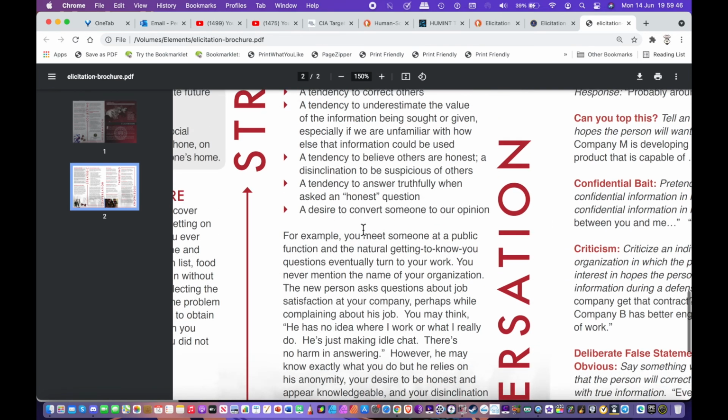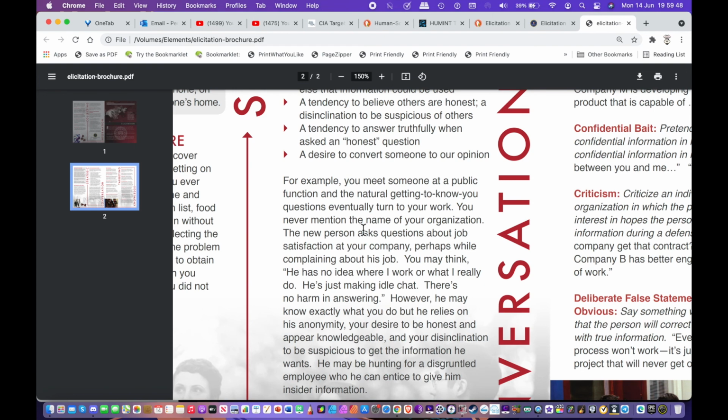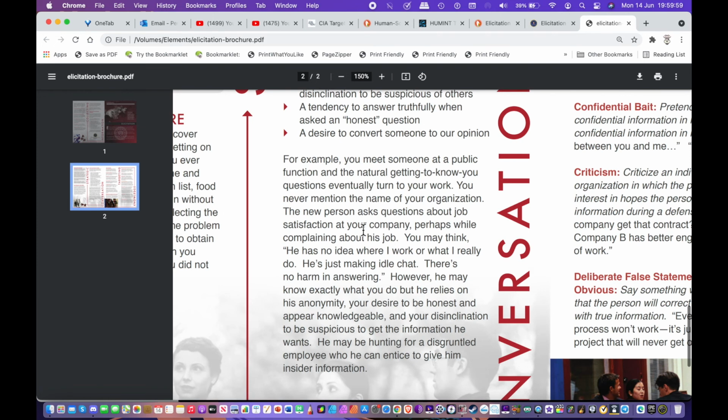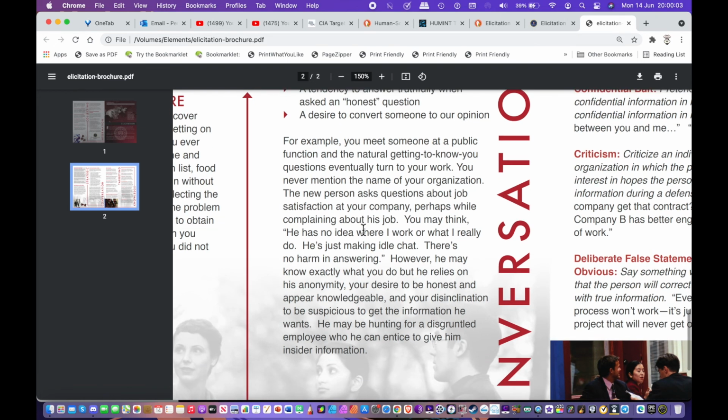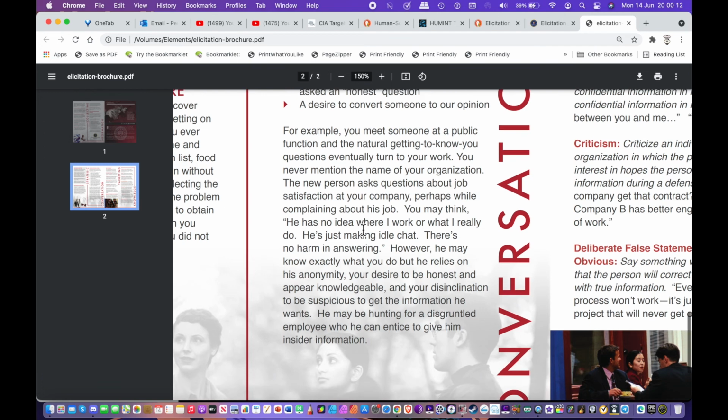For example, you may meet someone at a public function and a natural getting to know you question eventually turns to your work. You never mention the name of your organisation. The new person asks questions about job satisfaction at your company, perhaps while complaining about his job.